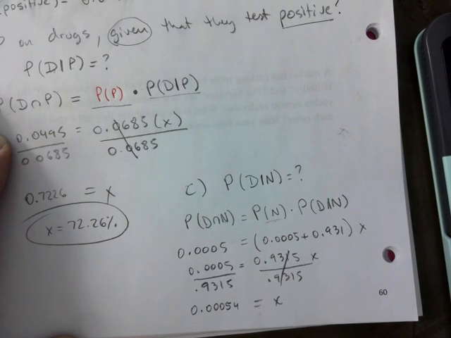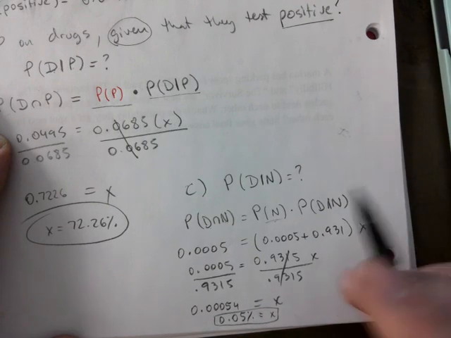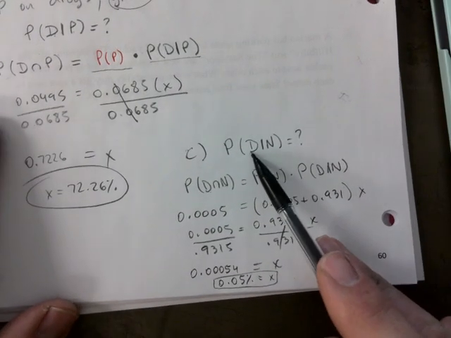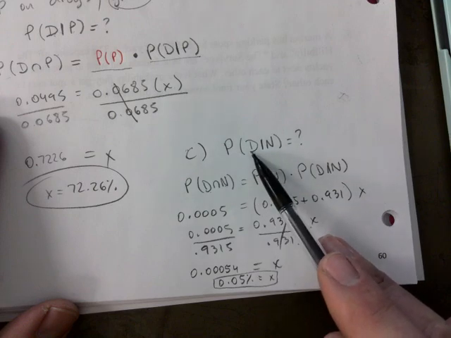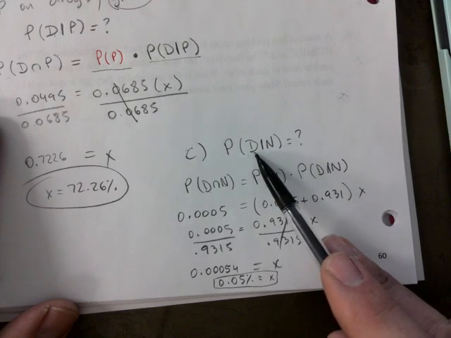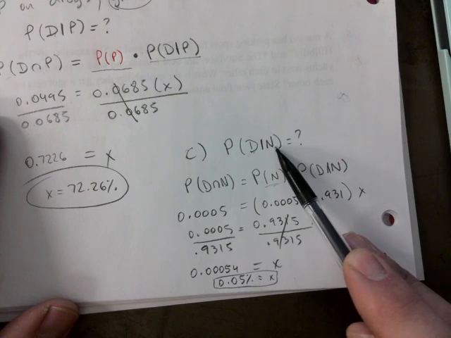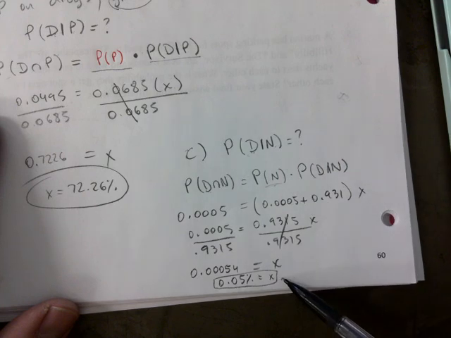So a very small percentage. Sorry, 1 second. Which is 0.05%. And keep in mind, we're figuring out somebody actually using drugs, given that the test came back negative. So there's a small chance of that happening.